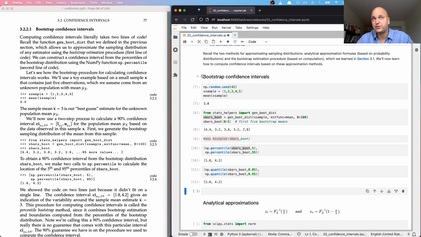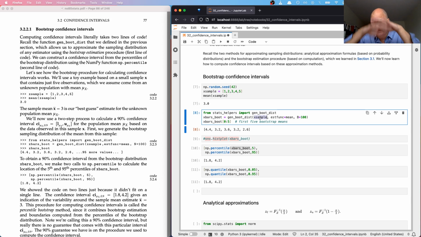Here is the bootstrap. Remember the function that generates bootstrap samples from a particular sample. This gives you bootstrap samples for the mean. This list contains the possible means, the variability of the mean for this sample.